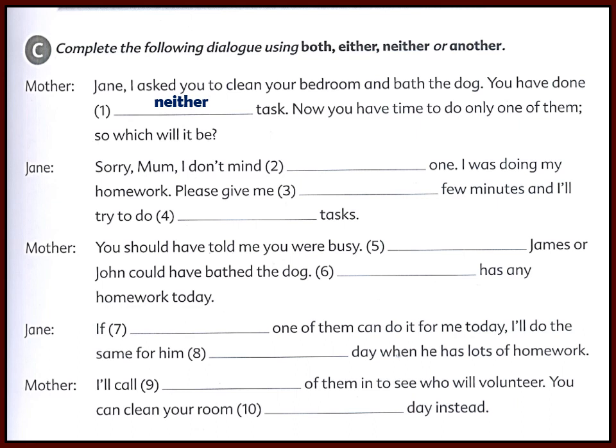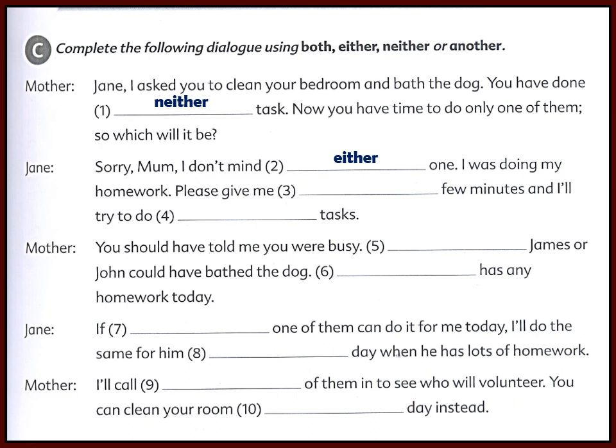So what will you write here? Sorry mom, I don't mind either one. Either one means that Jane would be happy whether mother gave her the task to clean the bedroom or to bathe the dog, right? So either one Jane is happy to do.